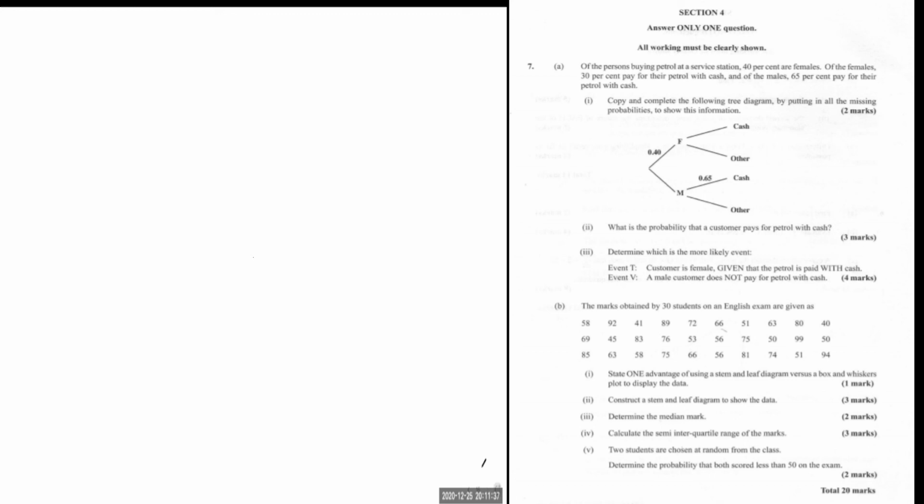So as you can see, from this tree diagram that we're seeing here, you have two groups of people paying for petrol. You have females and you have males.